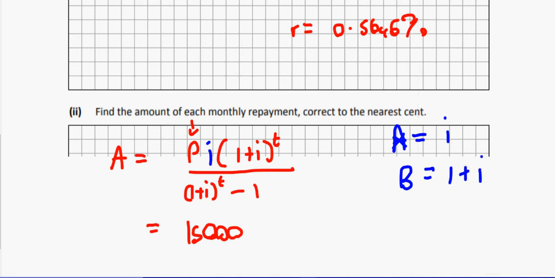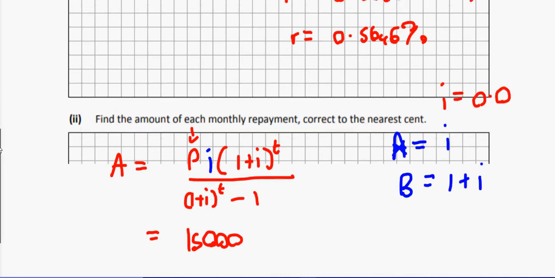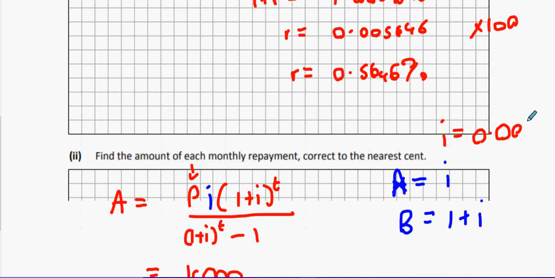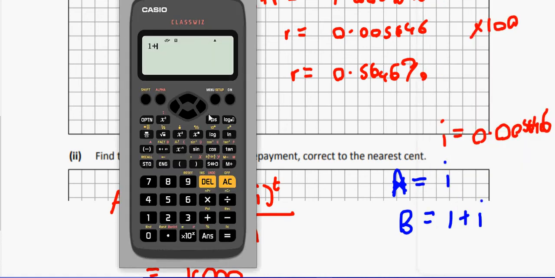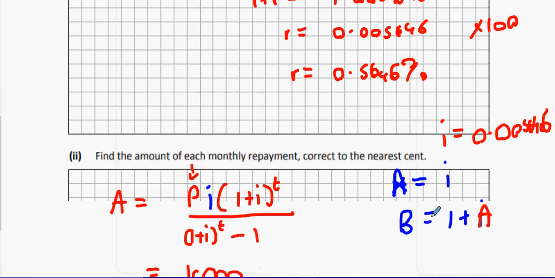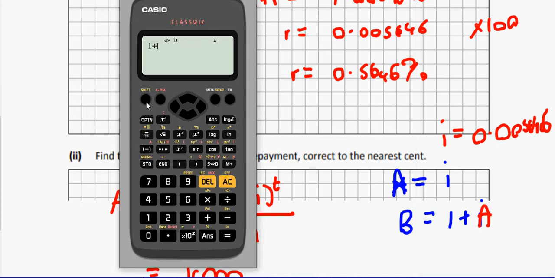Okay, and our i value has to be the decimal one, 0.005646. Okay, store it as A. And then 1 plus i, or technically 1 plus A, is B. So B is 1 plus A. So once again, click A, 1 plus A. Yeah, that's the number we want.